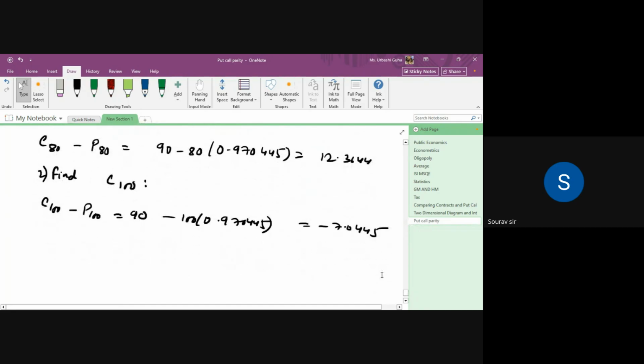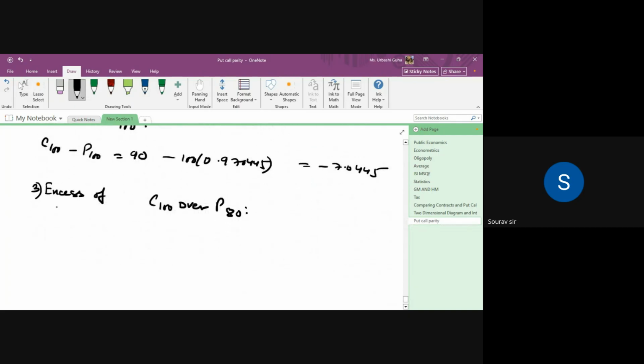So the excess of C100 over P80 is 4.96 minus 2.64. That will come to 2.3. Let's do one more sum. Till this, any questions? No.